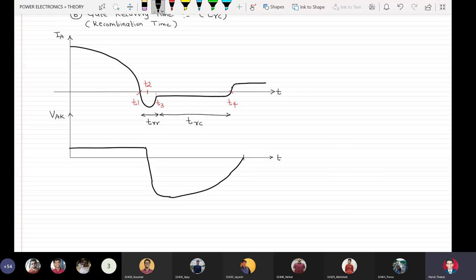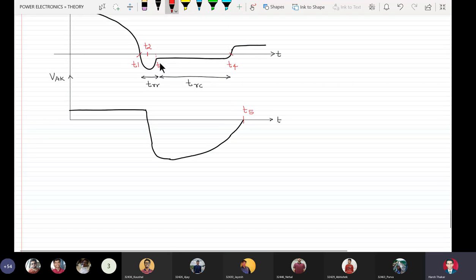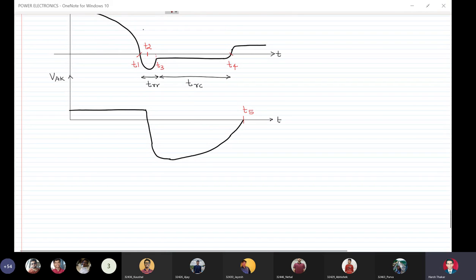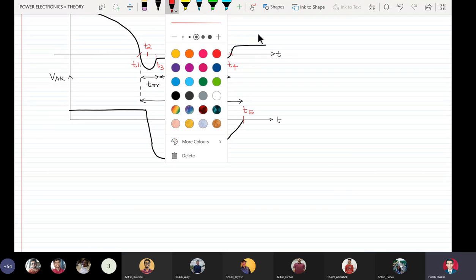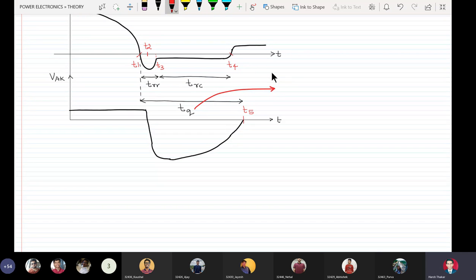One more time instant: TQ is called the circuit turn off time.